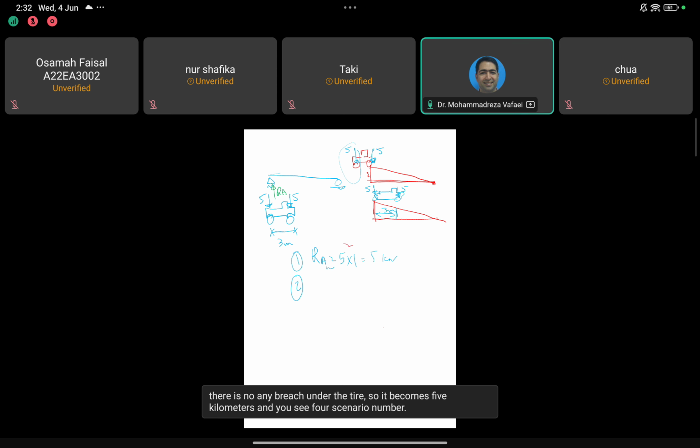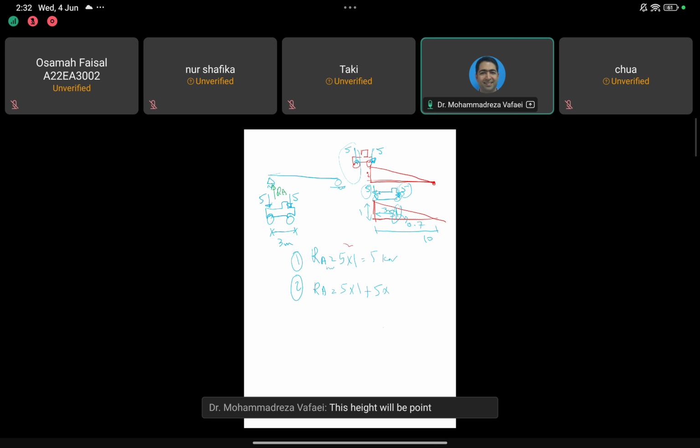Scenario number 2 has 2 point loads. So RA is going to be this 5 multiplied by this height, which is 1. So 5 multiplied by 1. And then this 5 multiplied by this height. So if the total length of the bridge is 10 meters and this one is 1, this height will be 0.7.